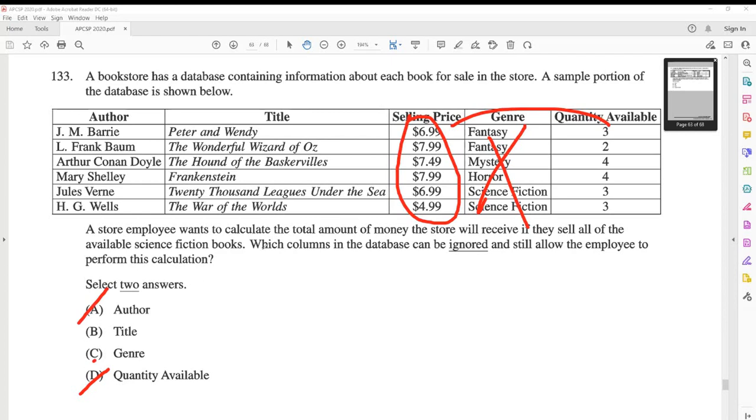Let's see, pick two answers, okay? Quantity available is needed. Title you will need too.